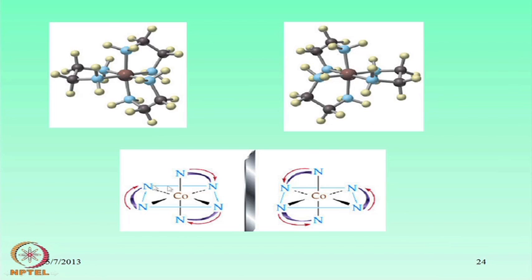So we get this molecule on the left and its mirror image on the right. Moving from top to bottom of the triangular face, it is in the clockwise direction in one and in the anti-clockwise direction in the other.